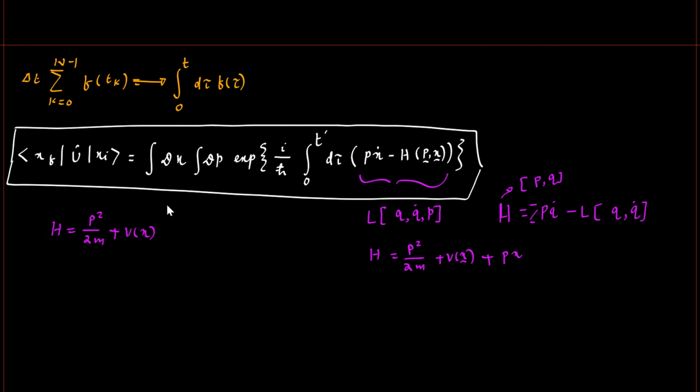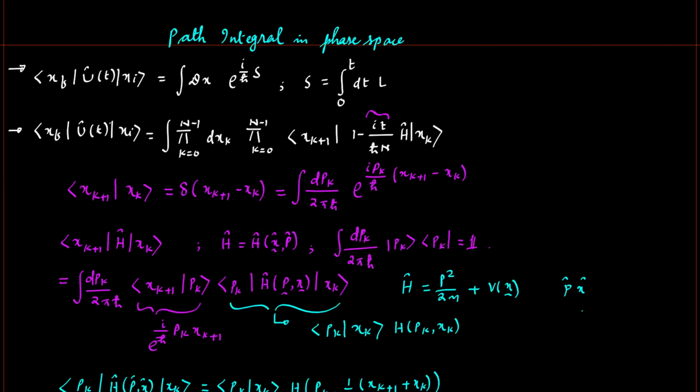If we have the Hamiltonian of this form and put this expression here, then after calculation we will get the expression that we already derived in our first class.